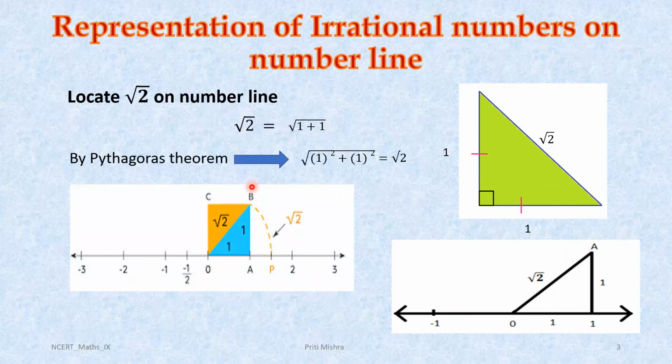When we take this length OA and mark it on the number line, we get the point P. So the length OP gives us the value of the irrational number square root 2. So OP is square root 2 on the number line. This is the way we can locate any irrational number on the number line.